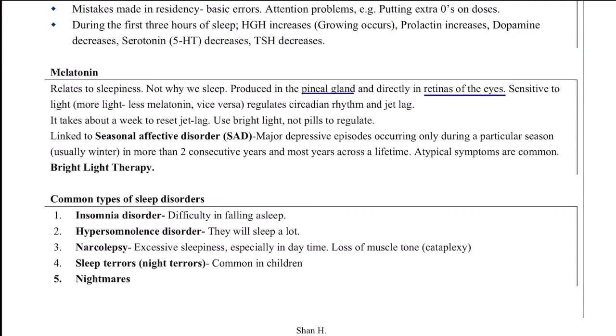So there is a condition we already discussed called seasonal affective disorder, in which nightfall would occur early during winter. So these patients would go into a depressive state during this time period. And if it occurs two or more years, this is diagnosed as seasonal affective disorder. The treatment is bright light therapy. You make sure that the patient stays under bright light.